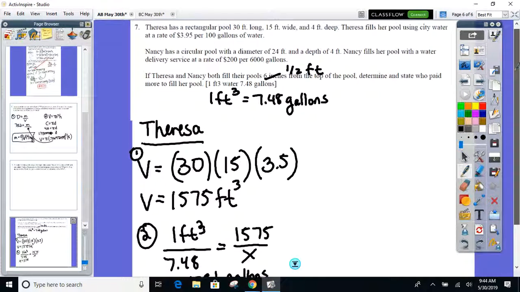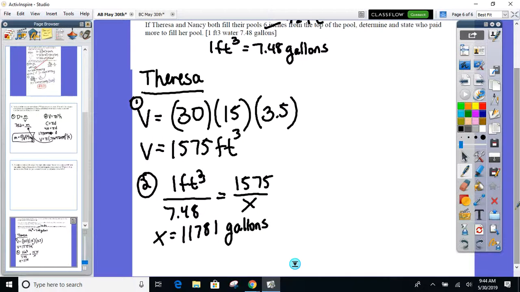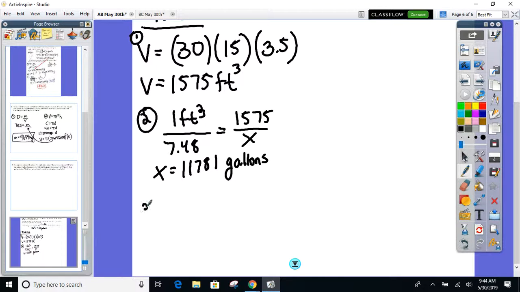And the service she used charges her $3.95 per 100 gallons. Not per gallon, per 100 gallons. Set up a proportion. That's the easiest way out of this. Don't try to figure out if you need to multiply or divide on your own. Ready?